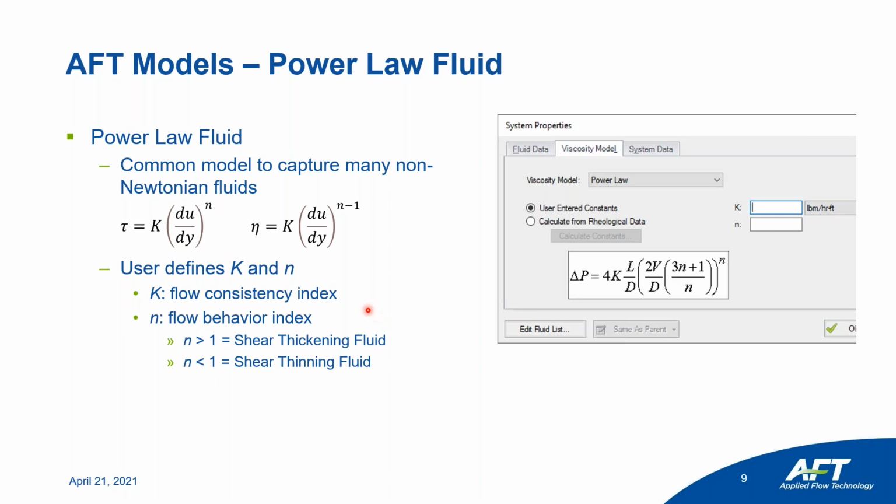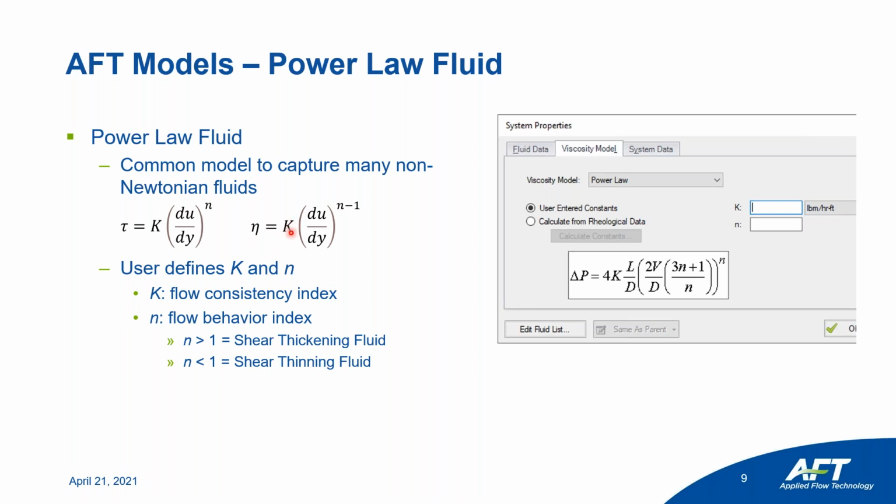To come back to our flow consistency index, K is almost always shown as having units of viscosity, centipoise, or over here, the default, pound mass per hour foot. However, strictly speaking, K would have units of viscosity multiplied by seconds to the 1 minus n power, to make sure that eta, our apparent viscosity, actually has units of viscosity.